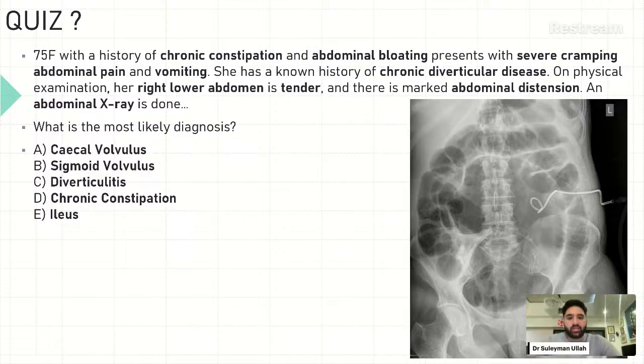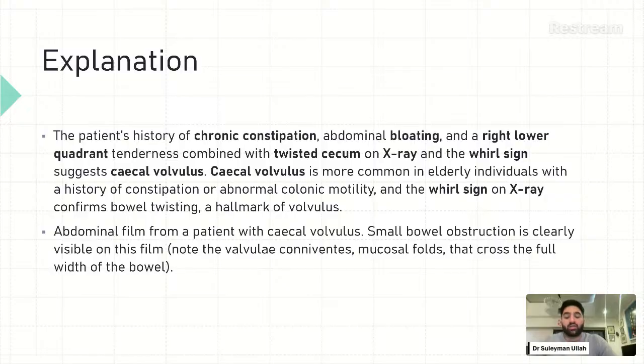But yeah, this appears like a cecal volvulus. This is a tough one because I've not given much history to give it away. But yeah, this would need discussion with the surgical team, and depending on the presentation, consideration of surgery.